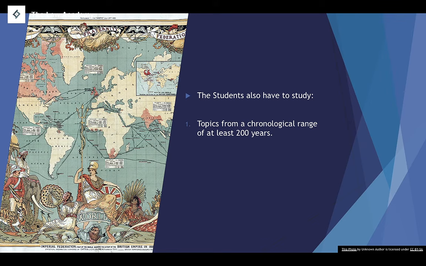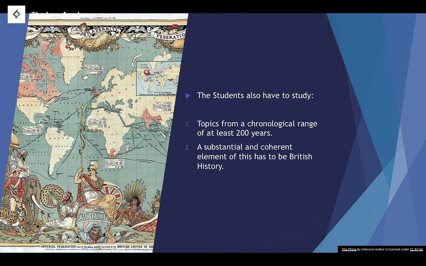So really that takes up half of the study, and the other 100 years will be covered within the exams. A substantial and coherent element of this 200 years will also have to be British history. So there has to be some element of British history that is also substantial and coherent.